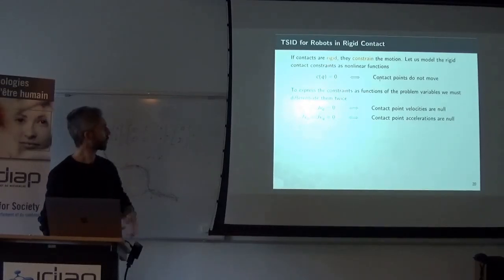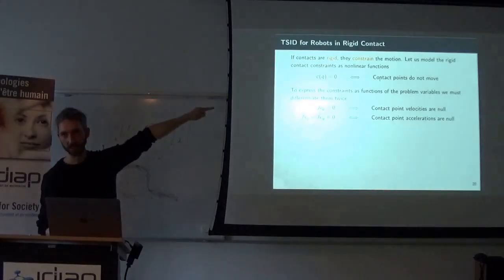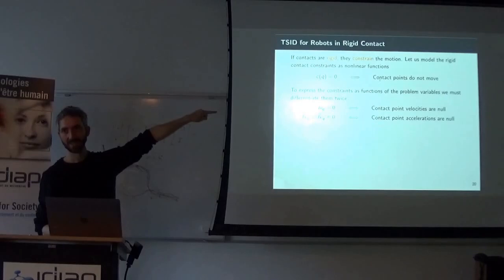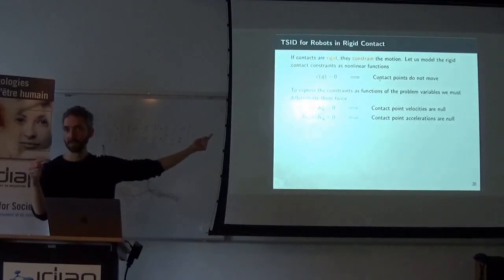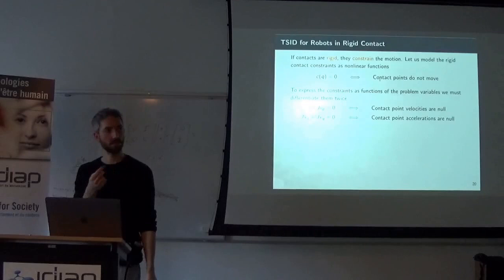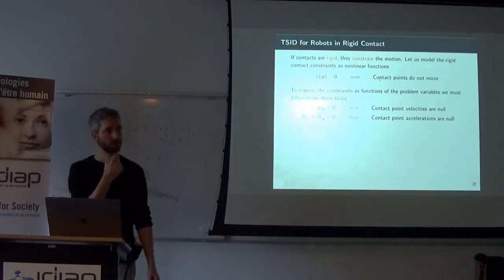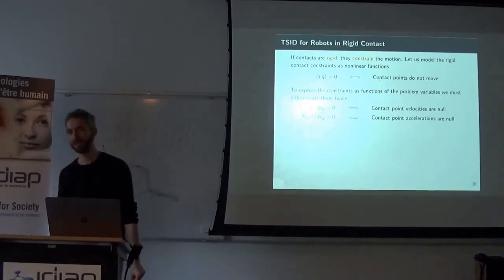I mean, if C is equal 0 and C dot is equal 0, then you get the last equation. By imposing C double dot is equal 0, C dot will stay 0 and C will stay 0, right? I think it's saying if you just impose the third equation, it doesn't imply the second equation. I mean, no, the first implies the second, implies the third, but not in reverse.